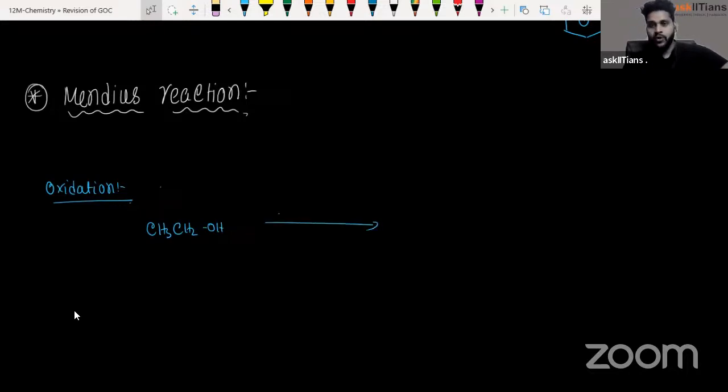By KMnO4, K2Cr2O7, plenty of them are there. Then we have CrO3 and all those things. But you would specifically see in there, along with KMnO4, K2Cr2O7, at the bottom of the arrow, they would be writing in very small hand CrO3, H2SO4, and they would be calling it Jones reagent.